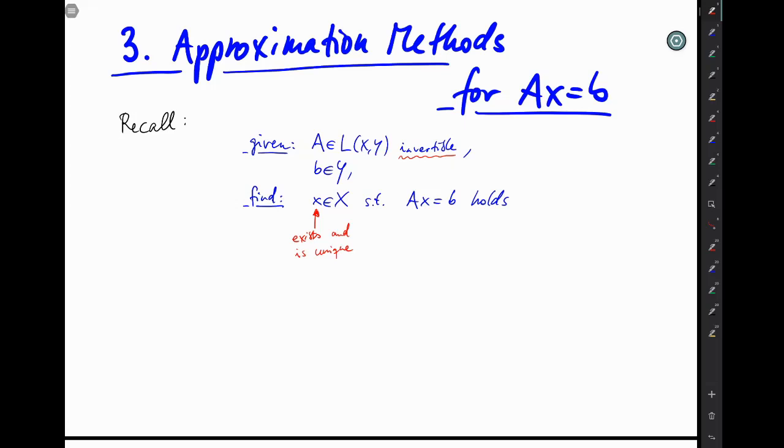And the trouble is that typically in functional analysis, both of your spaces, or at least one of your spaces X and Y, have infinite dimension, which makes the representation of your operator A an infinite matrix. And of course, that exceeds the capacity of your computer and you need to do something else. So typically you come up with the following strategy.